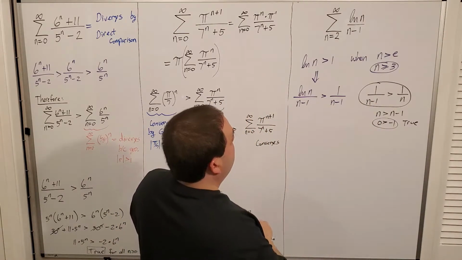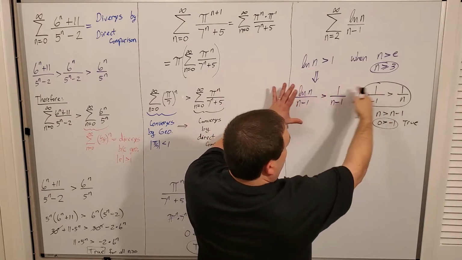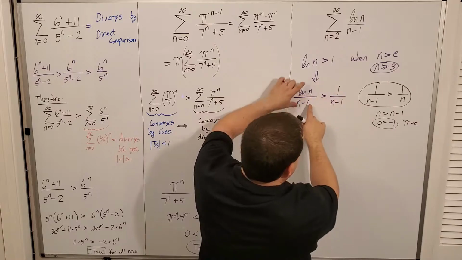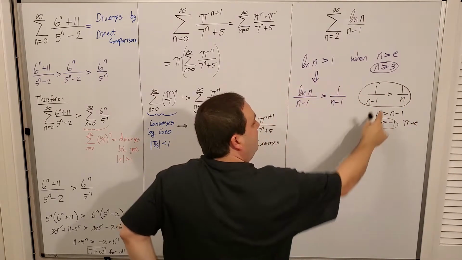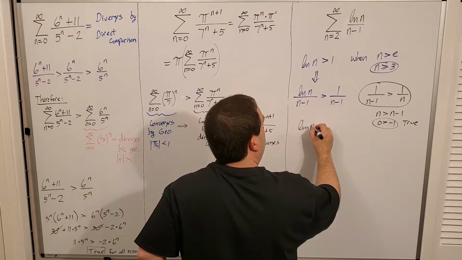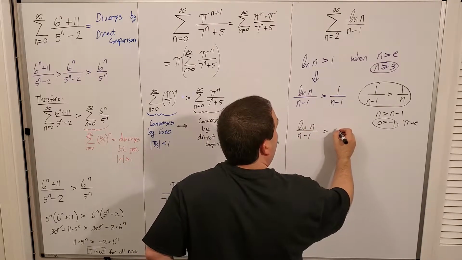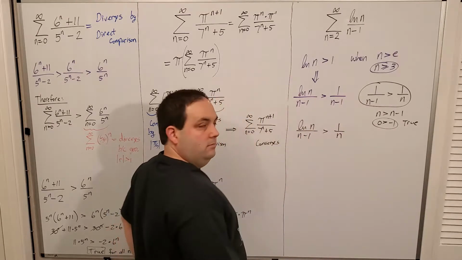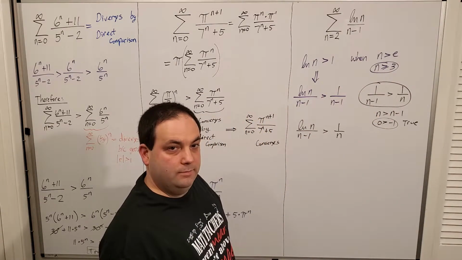So in other words, I can use a string of inequalities, right? This is greater than this, but that is greater than that. So in other words, this ln of n over n minus 1 will be greater than this, as long as n is greater than or equal to 3.